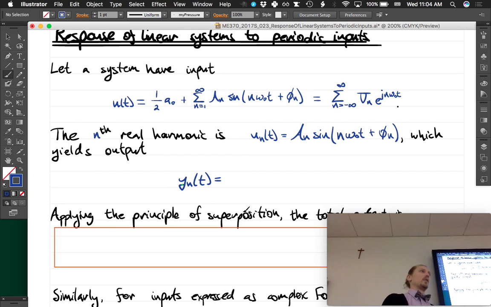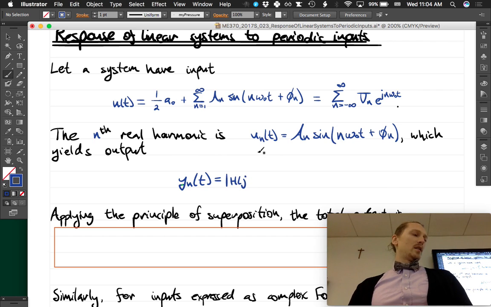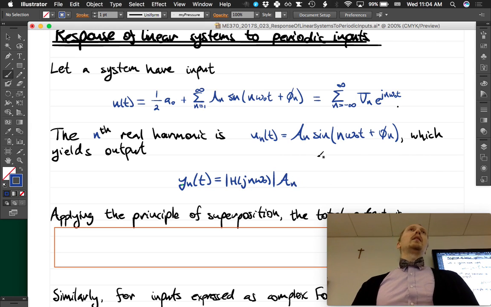You guys remember the formula for it? The magnitude of H of j n omega naught, so you have to put in the frequency, times the input amplitude, which is script A_n, right?